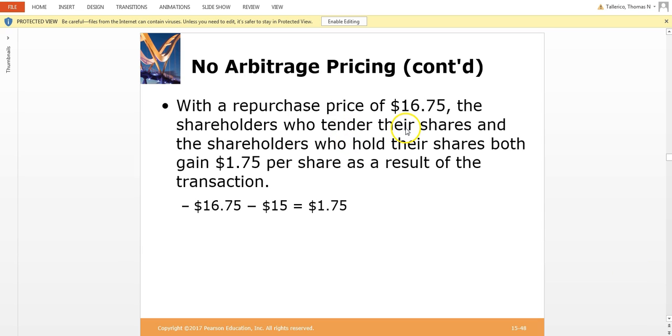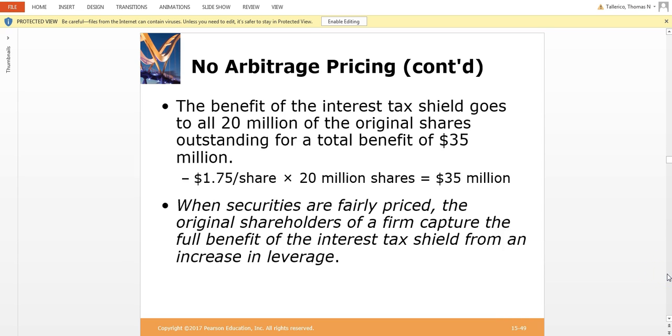So this is for the people who tendered their shares, and the people who hold the shares will equally get $1.75. To prevent arbitrage, the benefit of the interest tax shield goes to all 20 million shareholders, the ones who sold and the ones who did not. So if a security is fairly priced, which means there's no arbitrage opportunity, the original shareholders capture the full benefit of the shield from an increase in leverage.